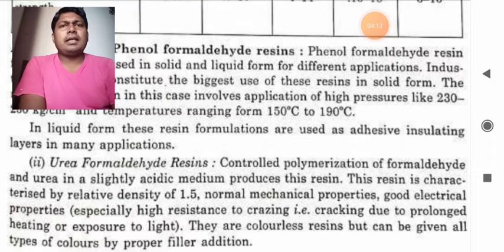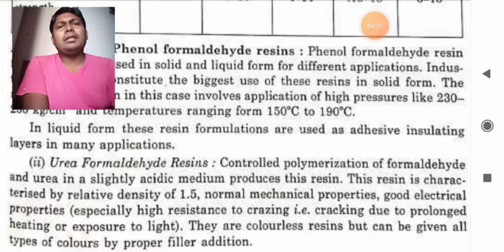This resin is characterized by a relative density of 1.5, normal mechanical properties, and good electrical properties, especially high resistance to crackling, that is, cracking due to prolonged heating. Students, some materials show a crackling effect after a variation in temperature or heating.